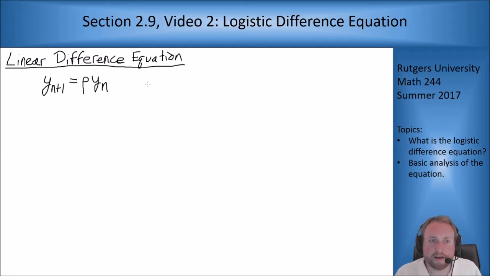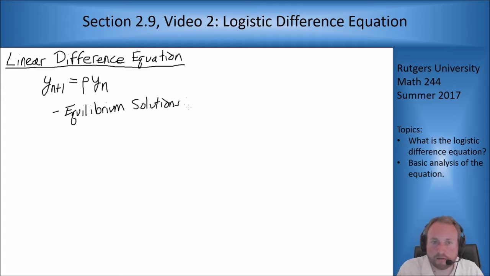So all we're doing is every step we just multiply by rho. Now, let's see what happens here. First, equilibrium solutions. There's only one equilibrium solution here. It should be pretty easy to find. It's just y_n identically 0, right? Because if y_n is 0, then so is y_{n+1}, and so is everything from there on out. So 0 is the only equilibrium solution here.